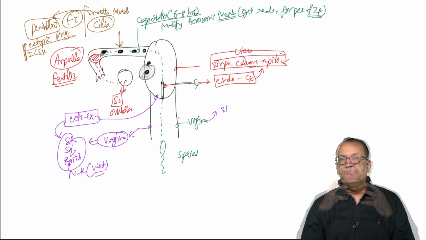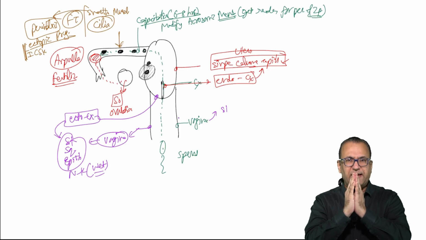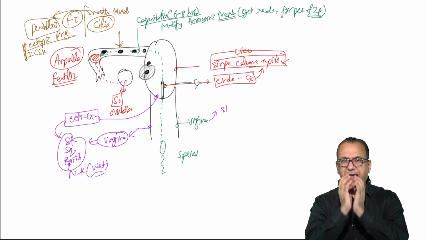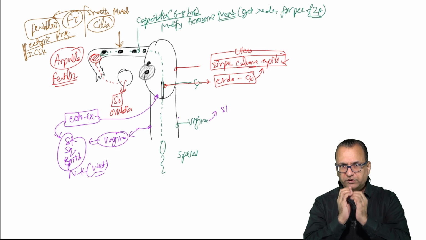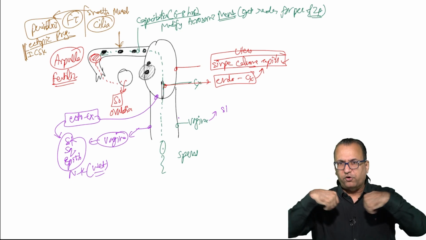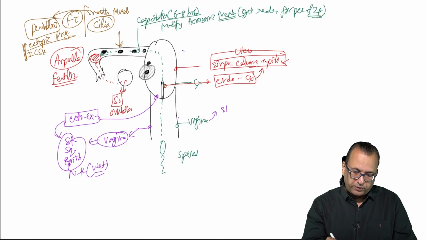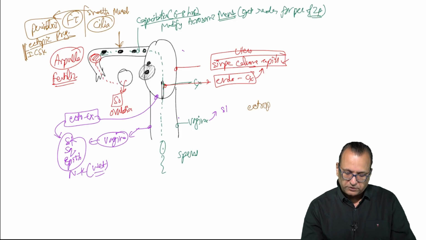Now you have to remember, the endocervix has columnar epithelium, and after puberty there will be ectropion. Some of the endocervix epithelium projects into the vagina, it is called ectropion, under the influence of estrogen. So there is a process called cervical ectropion. And why does cervical ectropion happen?